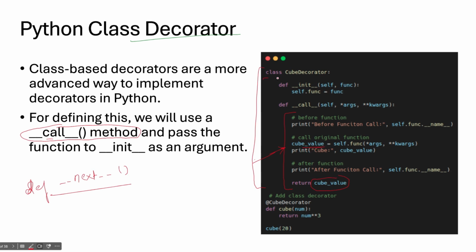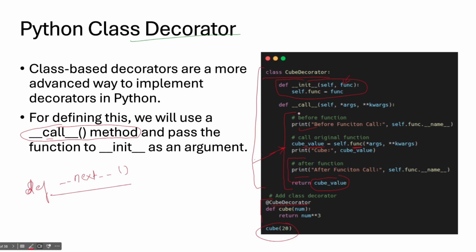It has the same logic, and you will pass this output instead of passing the function. This is inside this class CubeDecorator, and you also will have __init__, meaning the constructor, right? The constructor will take the function. Now whenever you define your function, you will write @CubeDecorator. Now CubeDecorator is a class. Whenever you call this, it will call this decorator, and this function will be the input. So first it will execute this, then it will call the function, then it will execute the remaining part.